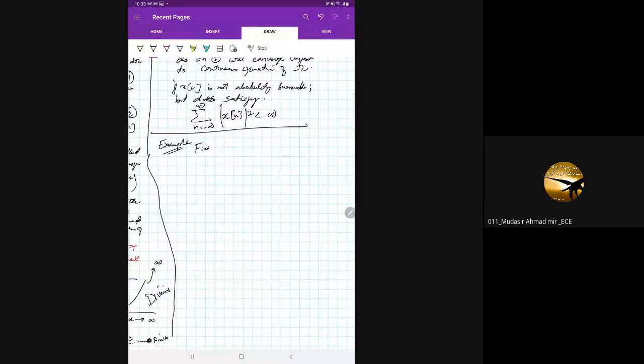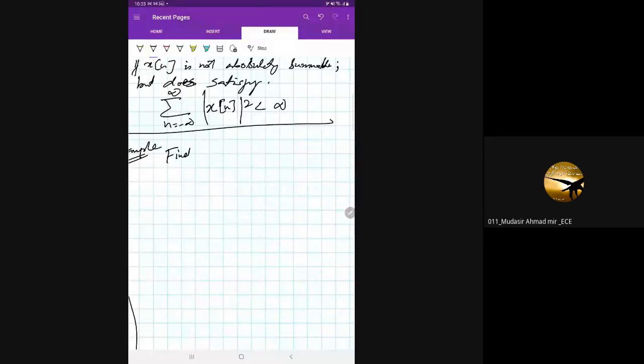So the question is, find the discrete time Fourier transform of the sequence x of n equal to alpha raised to power n u of n.